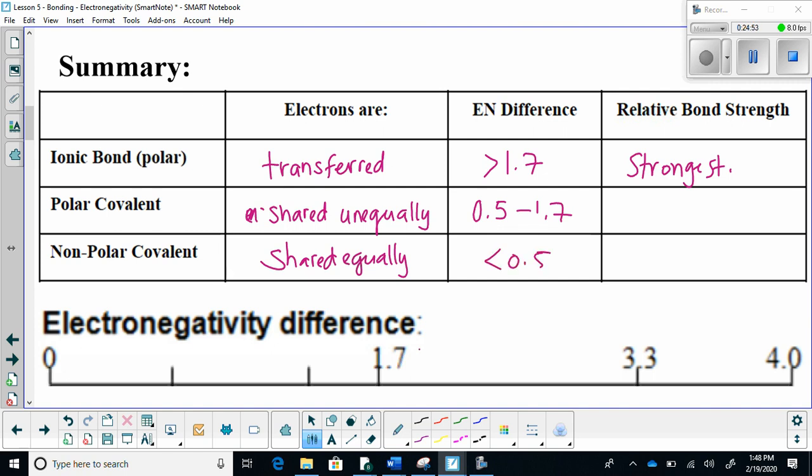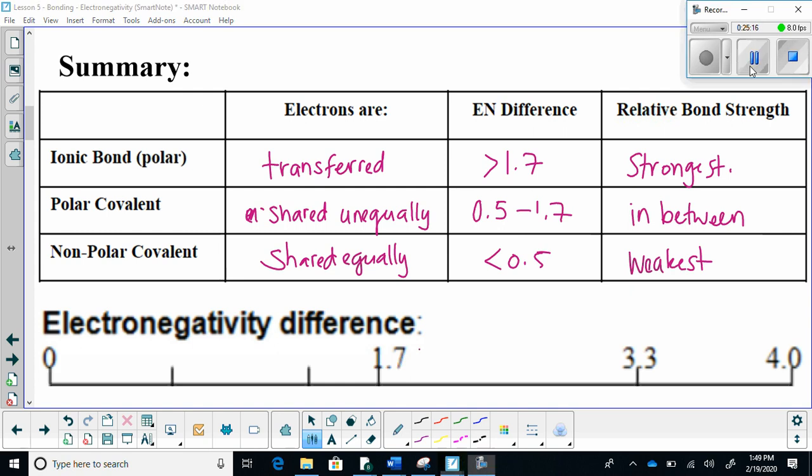Because they are sharing equally, and they're not really pulling on each other, it's much easier to break this bond. So this is the weakest bond. And polar covalent is in between. Okay, and we will discuss this type of bond further in the unit.